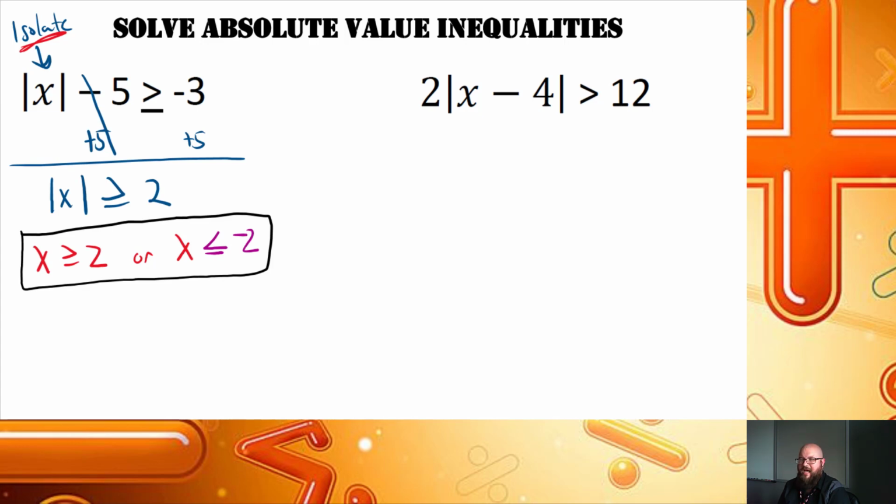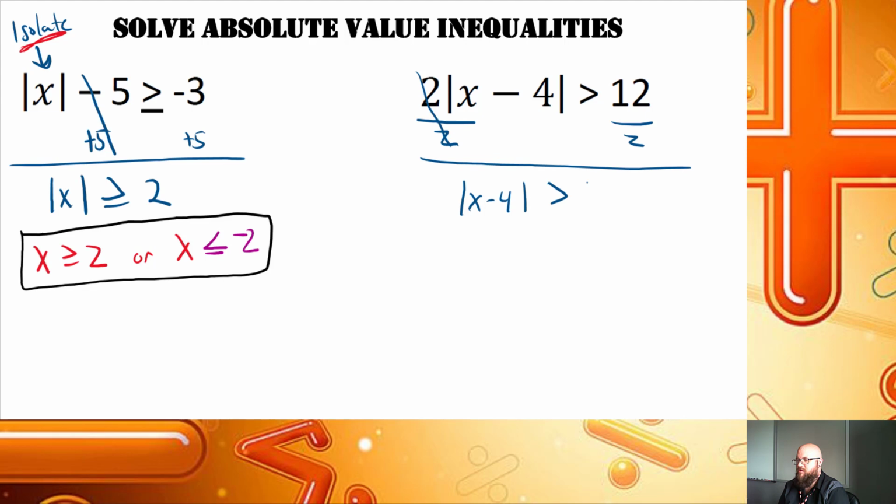It's 2 times everything, so the opposite of multiplication is division. Let's divide by 2 on both sides. For that to work out, these 2's will go away, and we'll be left with absolute value of x minus 4 is greater than, we have 12 divided by 2, which is 6.